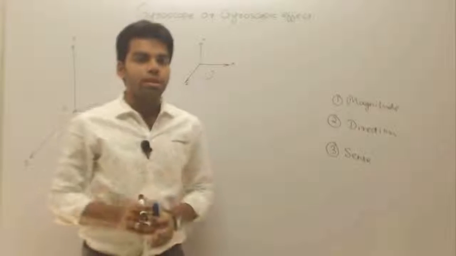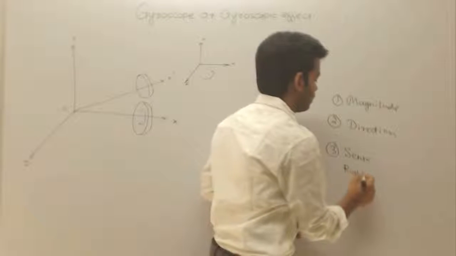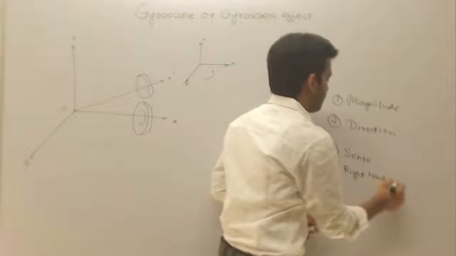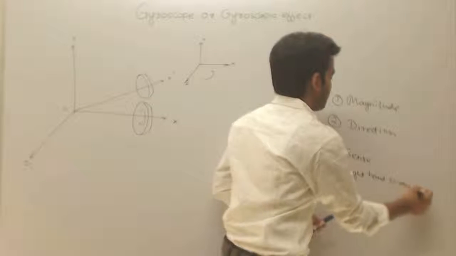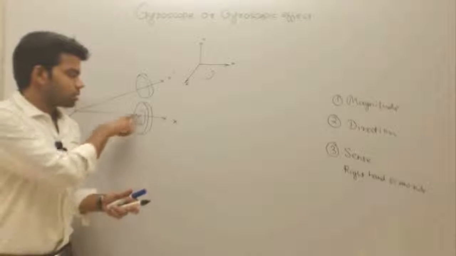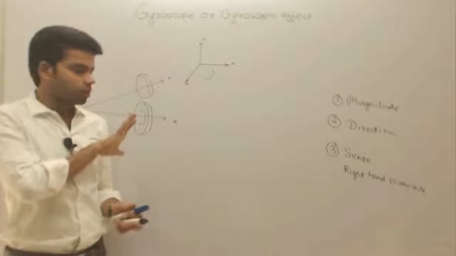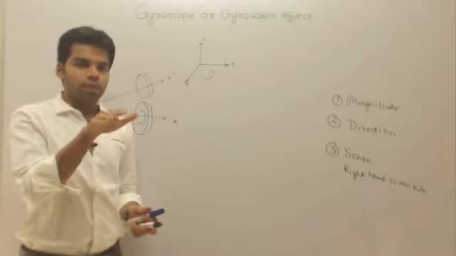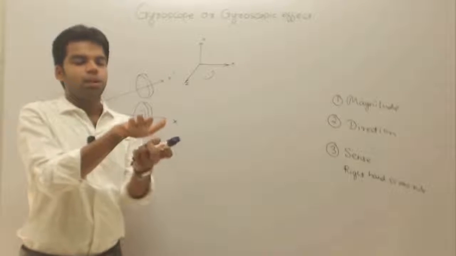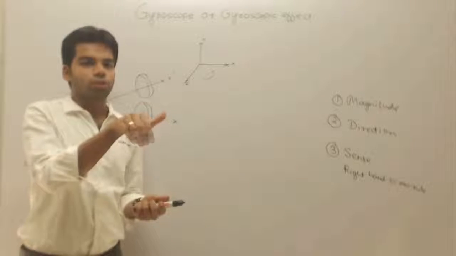And in order to determine the sense, we will use the right hand screw rule. Now what does the right hand screw rule say? This rotor is rotating in clockwise direction when seen from the origin. Now what I have to do, I have to take this right hand and curl my fingers in the direction of rotation of the rotor.